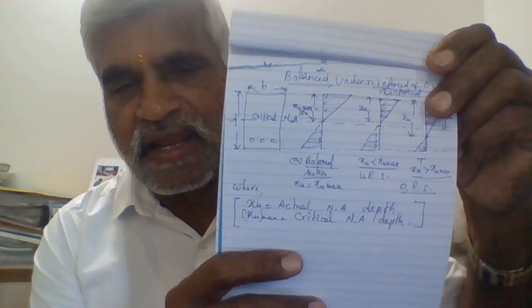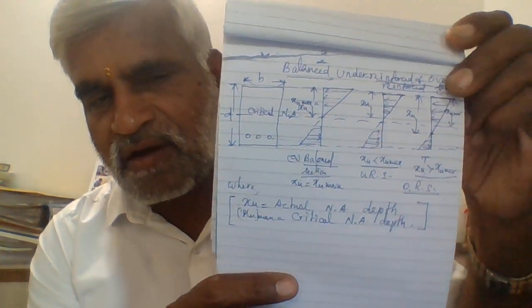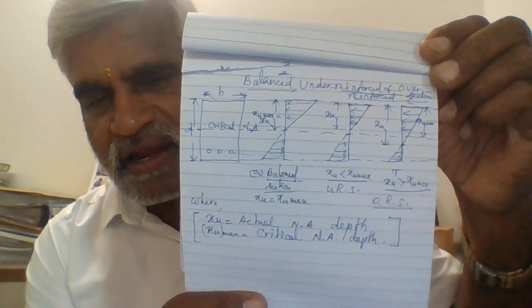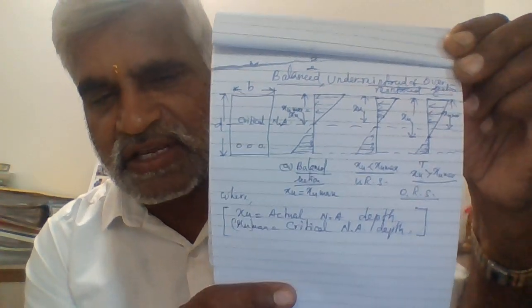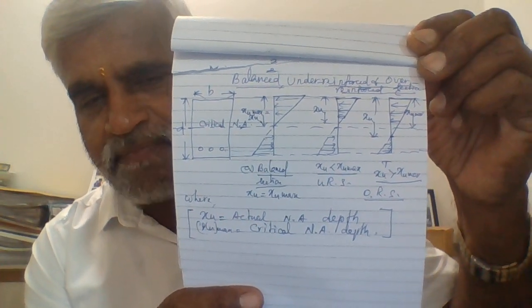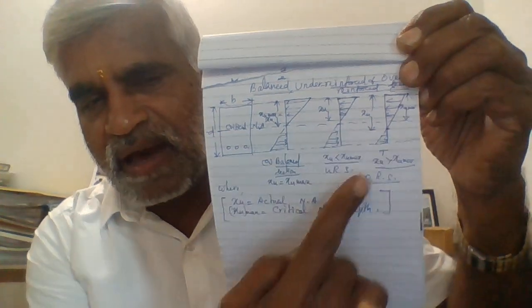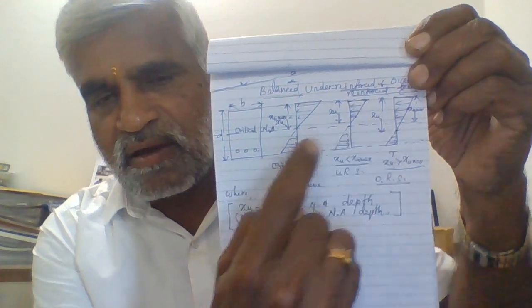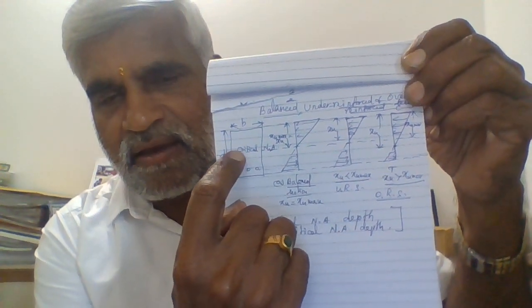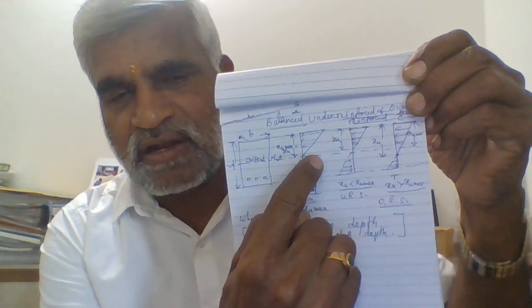So if you take the beam reinforcement and the actual and critical neutral axis depth for the balanced section, under reinforced section and over reinforced section, as shown in the diagram. The first one is a balanced section.